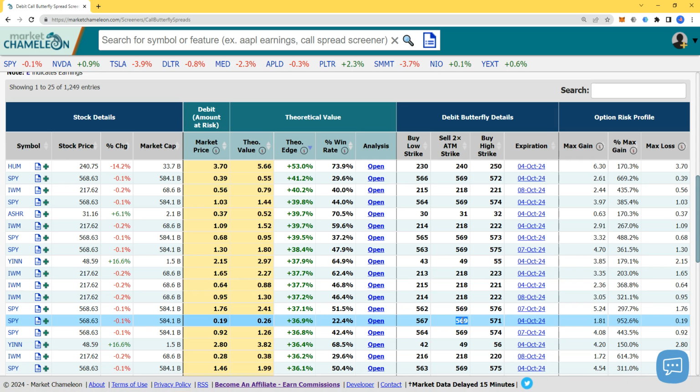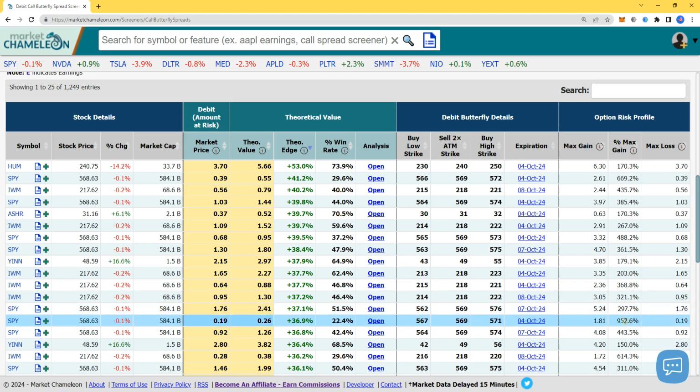You buy the 567 call and also buy the 571 call, so 2 on this side, 2 on this side, and you sell twice the 569 call. $20, $19, and if SPY ends at 569, doesn't move anywhere, yeah, you win. When do you lose? Your max loss is if SPY goes below 567, or if SPY goes above 571.